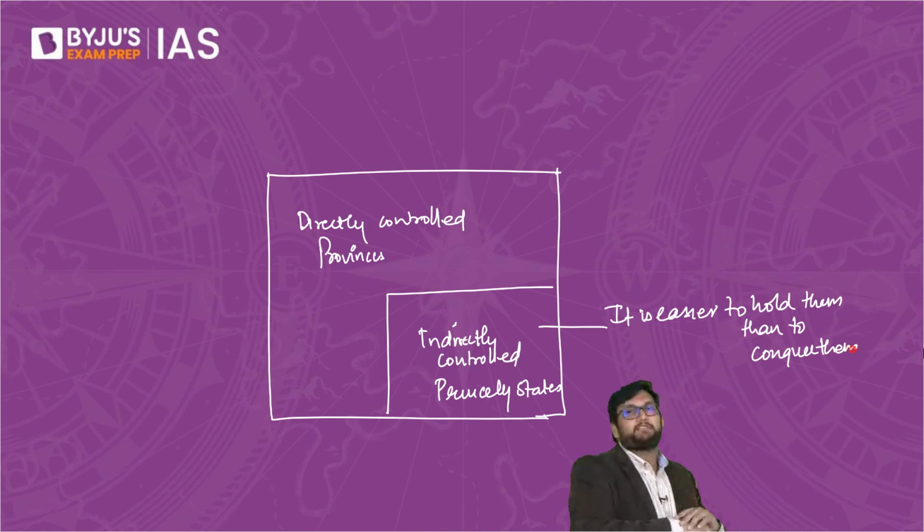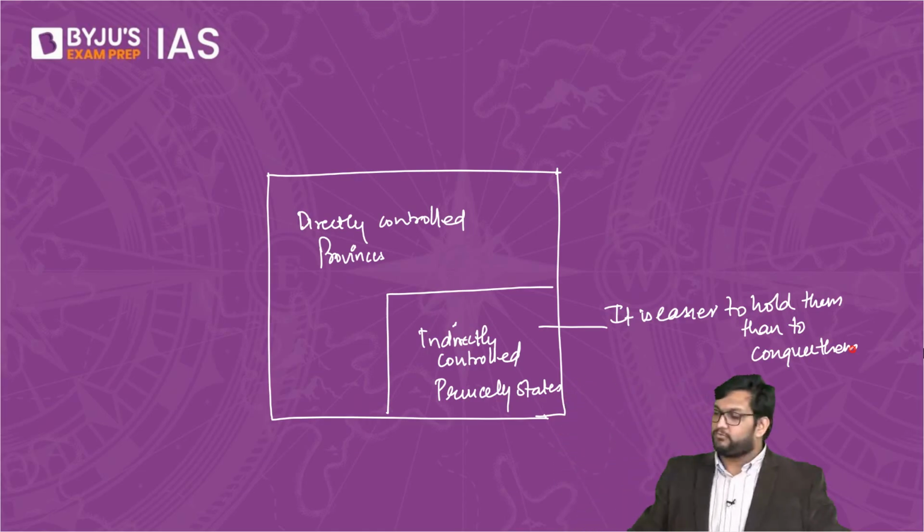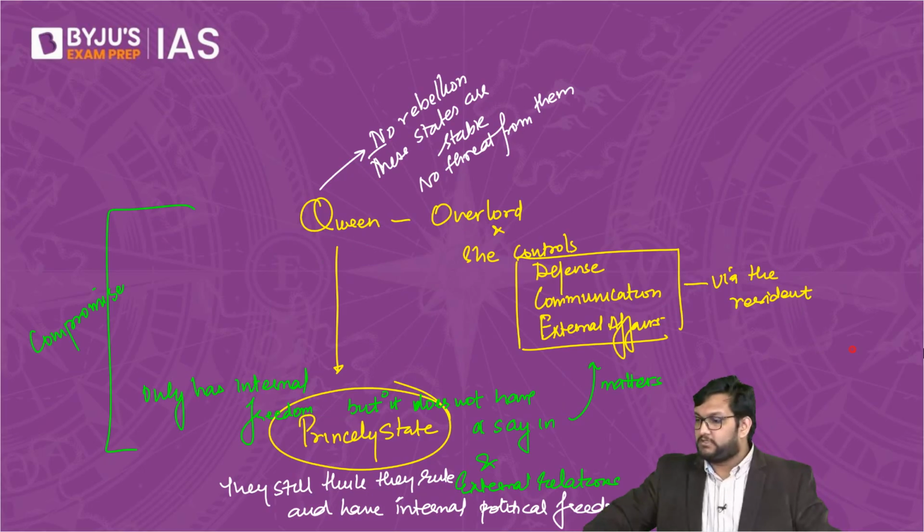They are not going to pay tax to the British. The people will pay the tax to the princely state owner. The princely states can make their own law until and unless it does not transgress the laws of the British. Are we all clear about the concept of paramountcy? Paramountcy.